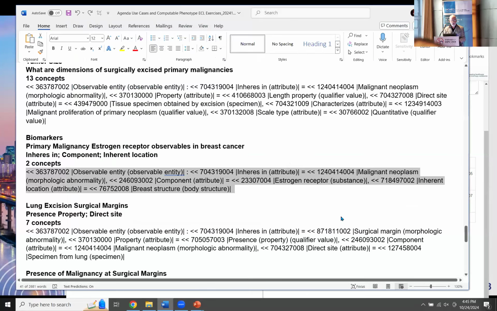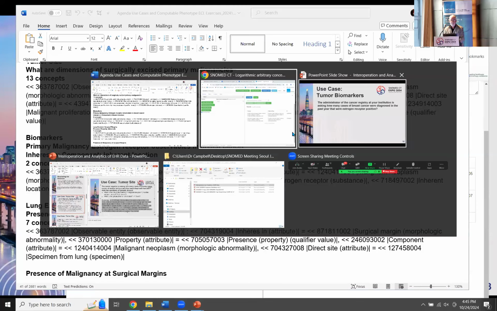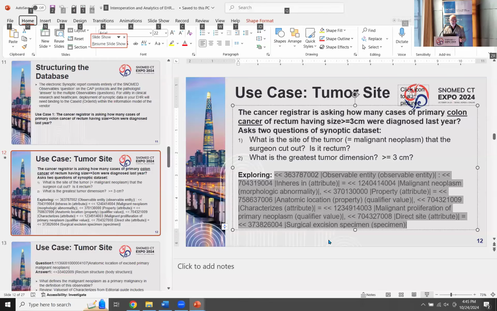Now, a related question, something that you can explore yourself afterwards, is, what are the various tumor markers that are available, that are used in the synoptic reports?